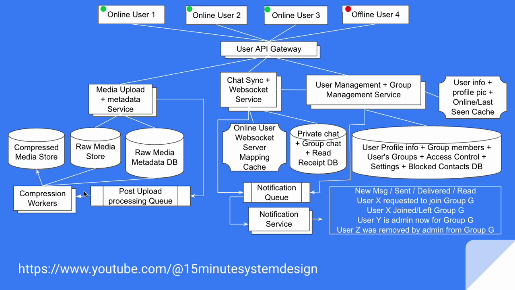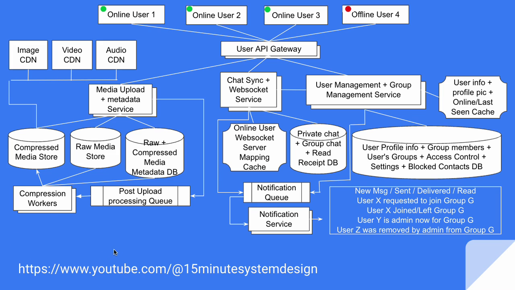Also, we would have to extend our private chat and group chat tables to allow users to attach media, or let's say an old message from the chat history, with a new message which is being sent. Now, if media is attached to a message, first the media service uploads the raw media and saves the metadata like sender ID, upload time, etc. And it would notify compression workers to pick this media for post-upload processing. Compression workers pick the media from the raw media store, compress it and save it in the compressed media store, and update the pre-signed CDN URL in the metadata.